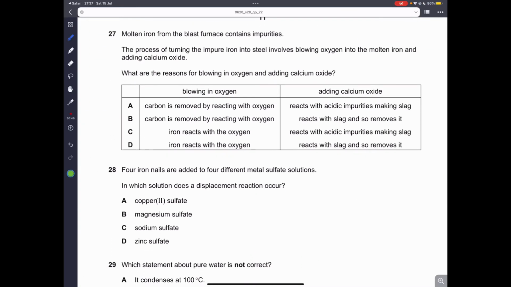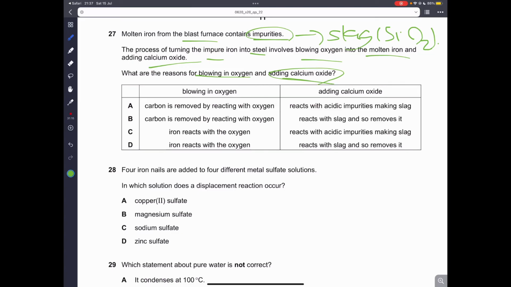Question 27. Molten iron from the blast furnace contains impurities such as slag. We call them slag, or you can call it silicon dioxide. So the process of turning impure iron into steel involves blowing oxygen into the molten iron and adding calcium oxide. What are the reasons for blowing in oxygen and adding calcium oxide?